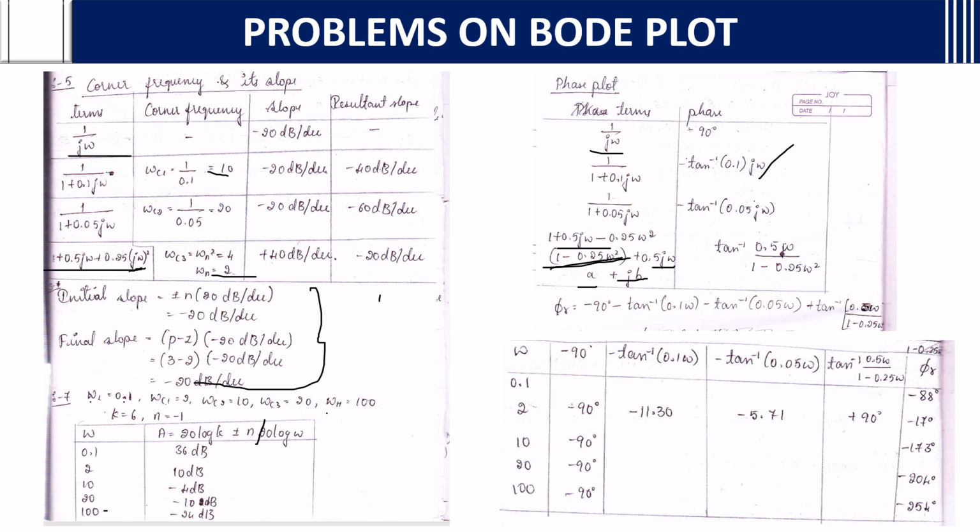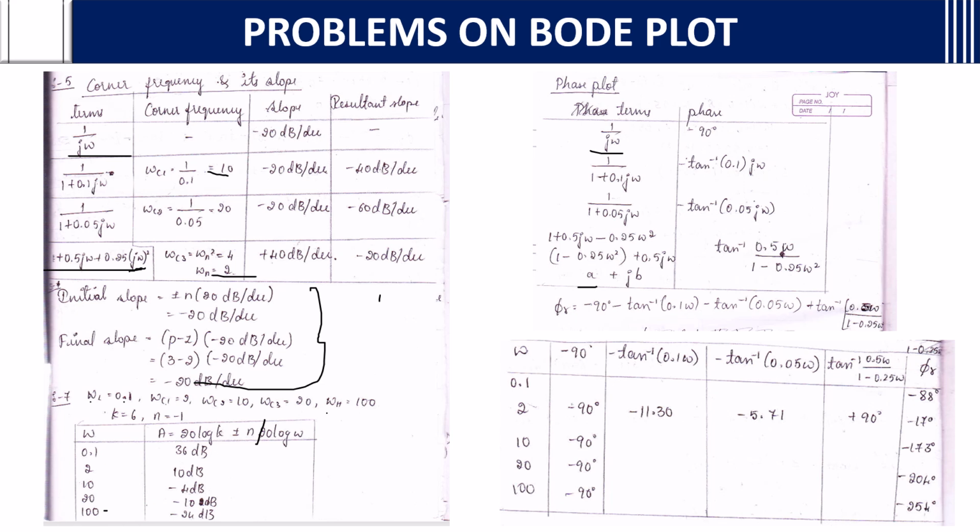What you can do is tan inverse of the omega value that is present with the j, that is 0.5 omega, divided by what you are left with, a, that is 1 minus 0.25 omega square. You need to remember it in this way.